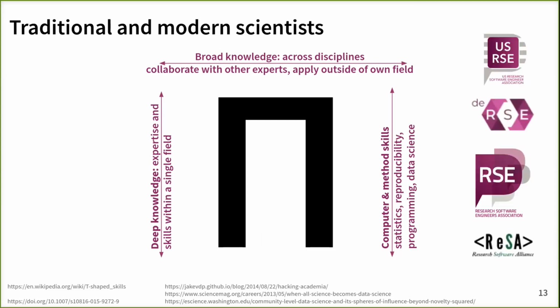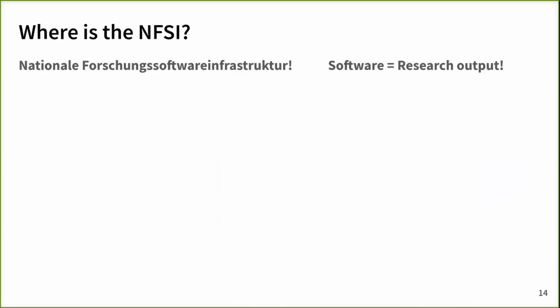There's a bunch of organizations who follow this idea and build on this idea, and these are the research software engineering organizations. I've put up here a few links to the German Research Software Engineering Association, deRSE, and also the UK and the international version. So if you've not heard about research software engineering, click on these icons to find out more.